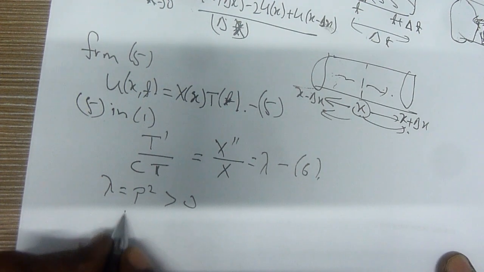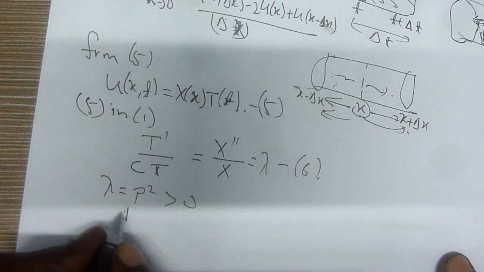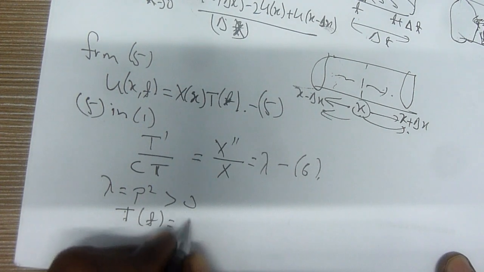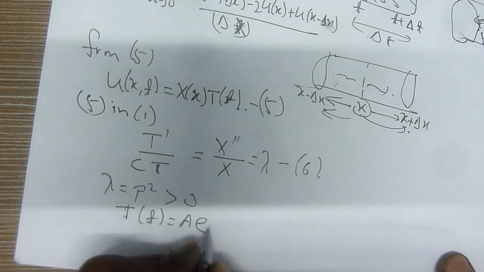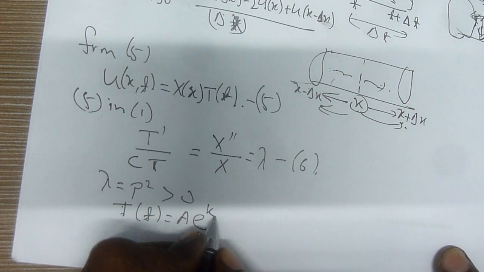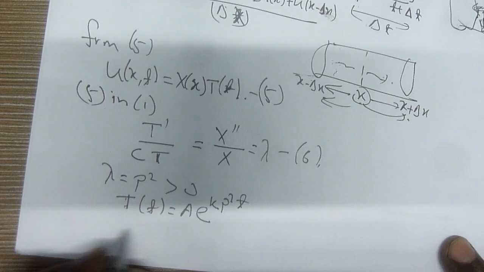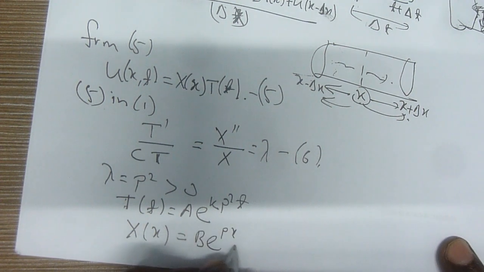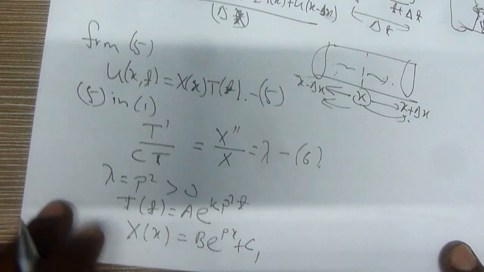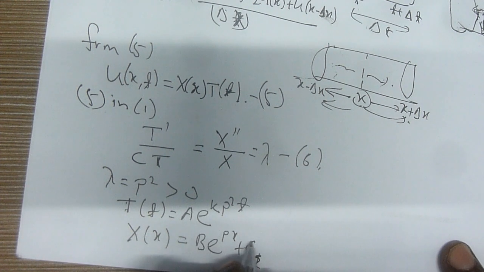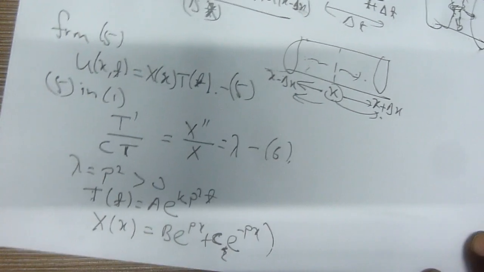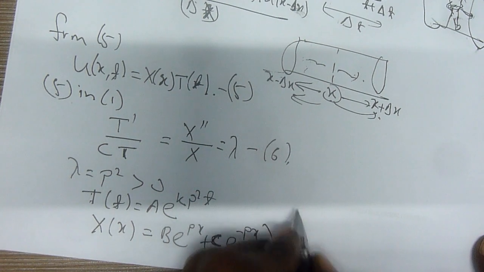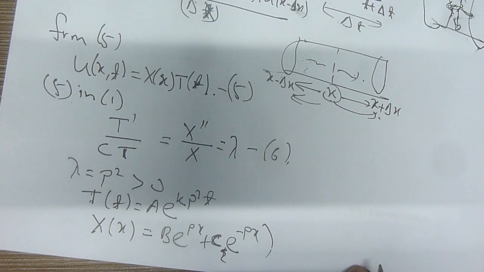Then I put it there as for case 1, T equals c e^(k p^2 t), and X can be A e^(px) plus C e^(negative px).